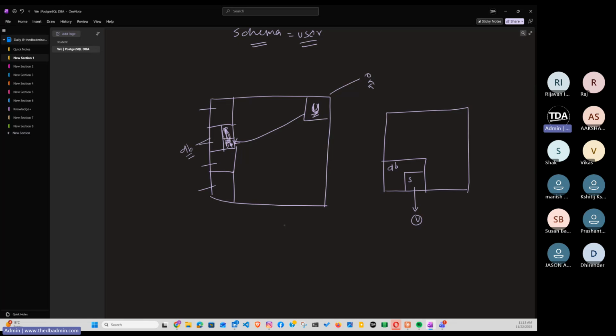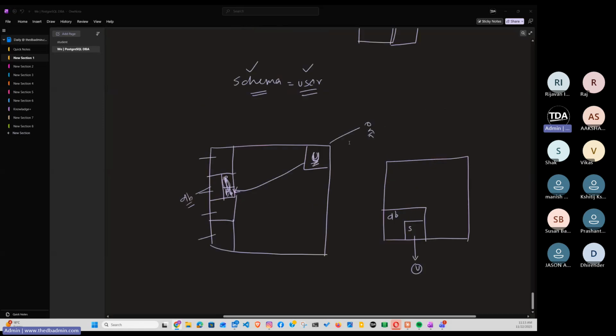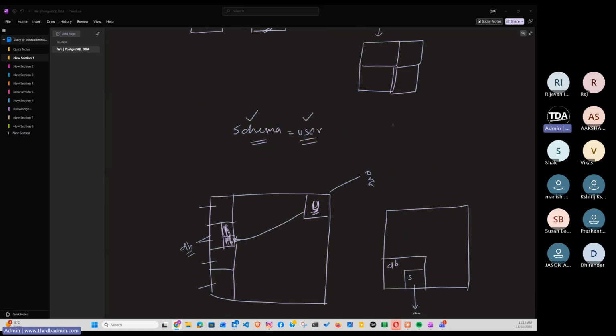So why am I giving this comparison? Because I'm going to use these words again and again. So when I'm using these words, you should not get confused about what I'm talking about. Whenever I say namespace, which is also schema.